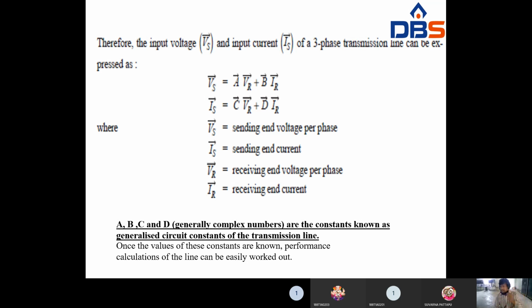That's why, remember in the last classes, in every method of calculating the voltage regulation, sending end voltage, sending end power factor and efficiency, we know the receiving end voltage.